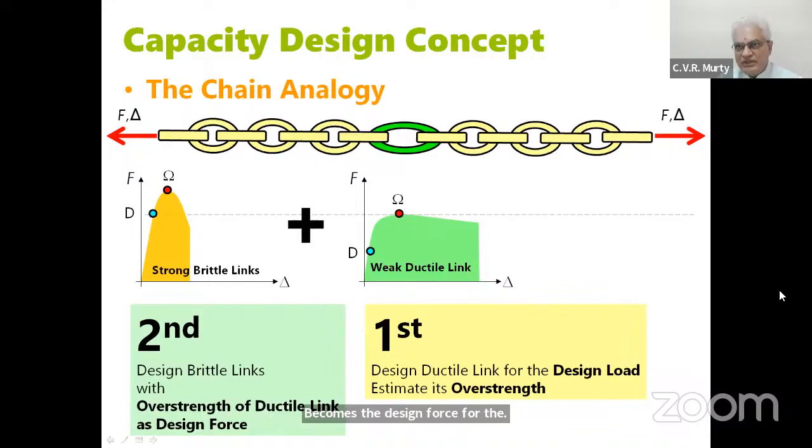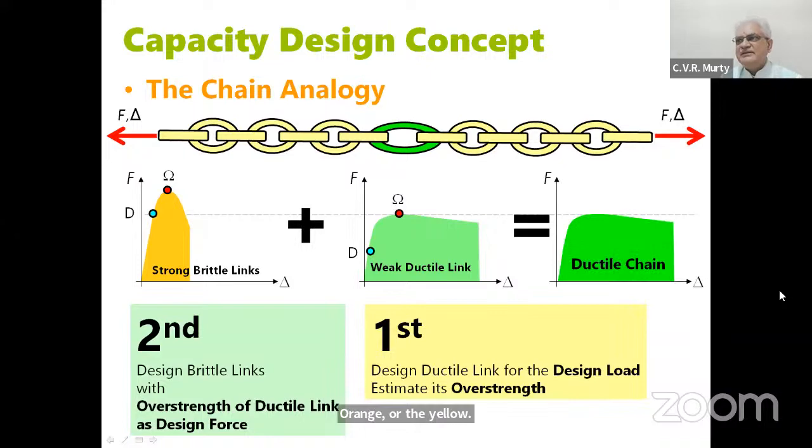And since they also have partial safety factor for loads and materials, their overstrength will be higher. So very clearly, when you start pulling that chain, the only one to really give up will be the green link and not the orange or the yellow links. That is how we will get a ductile chain.